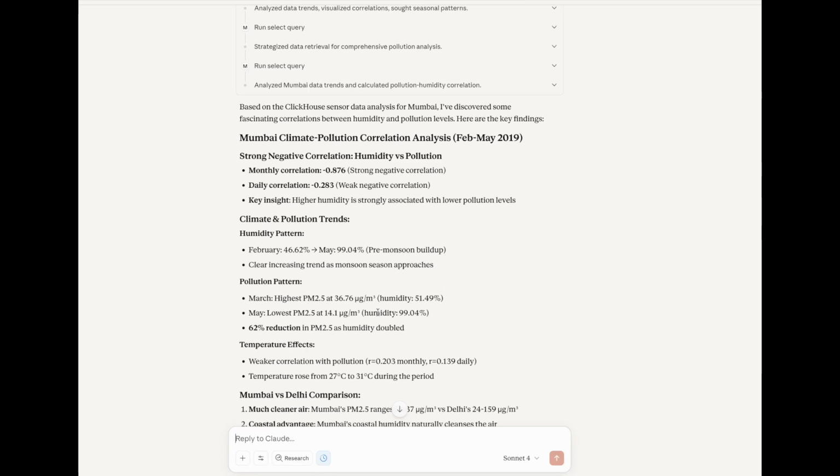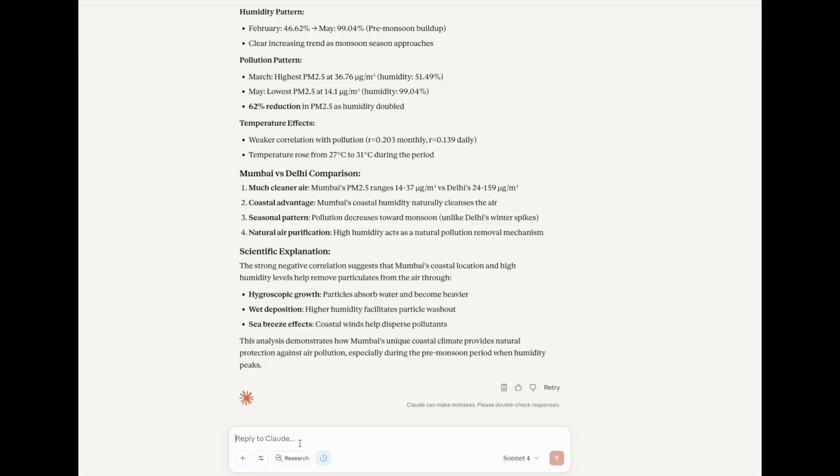The visualization here seems absent. Let us tell ClickHouse MCP to plot a visualization.